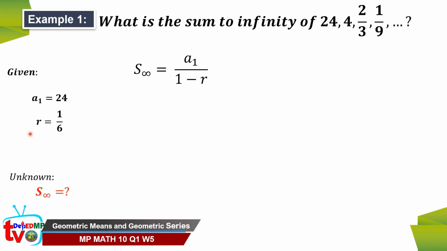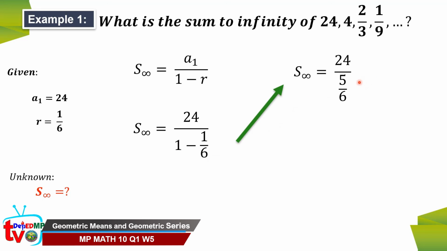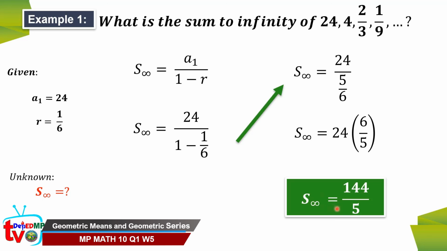Substituting the given values, we have sum to infinity is equal to 24 all over 1 minus 1 over 6. Let us simplify the denominator, subtract 1 over 6 from 1, and the equation will be sum to infinity is equal to 24 all over 5 over 6. Divide this expression, it will be 24 times 6 over 5. So we have the sum to infinity that is equal to 144 over 5.